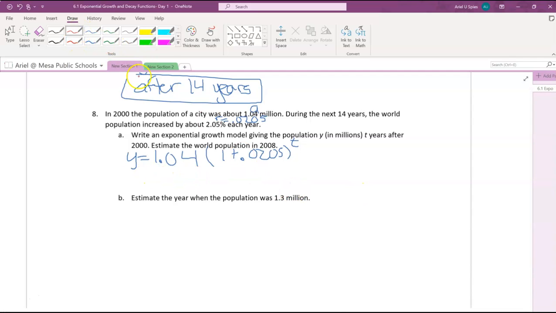Then I want to go ahead and find out when the world population was 2008. So for my t value, it's going to be 8 because 2008 is 8 years after 2000. So I want to plug in 8 to this equation.